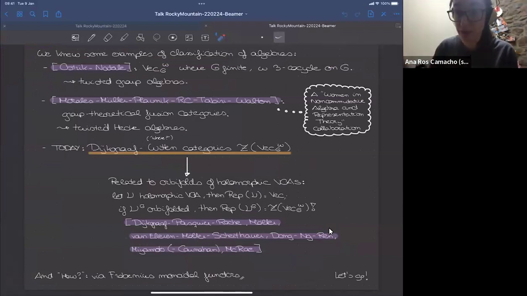a little bit on fusion categories. A first result by Ostrik and, years later, given concrete conditions by Sonia Natale, is the case of Vec_G^omega.